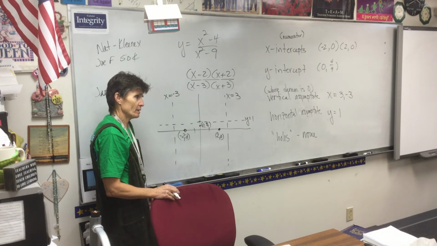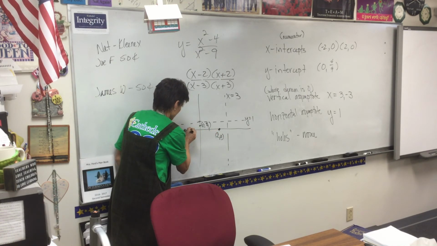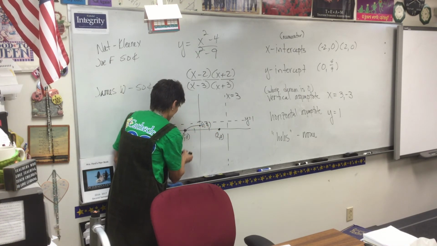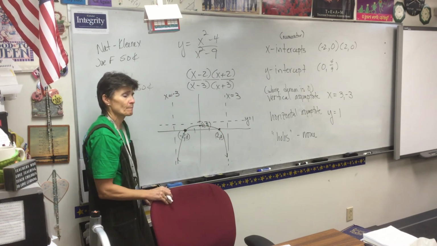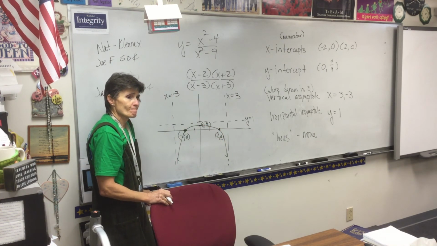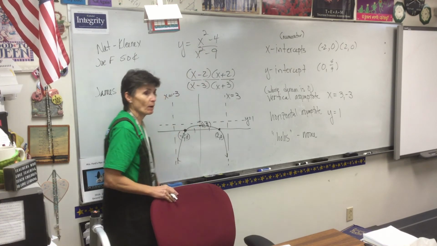Oh, this is weird. You see 3 points right here? So I think we got a little parabola action going in there. Doesn't surprise me totally because I've got a square in my problem, right?